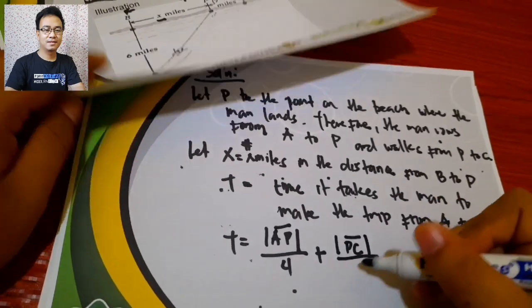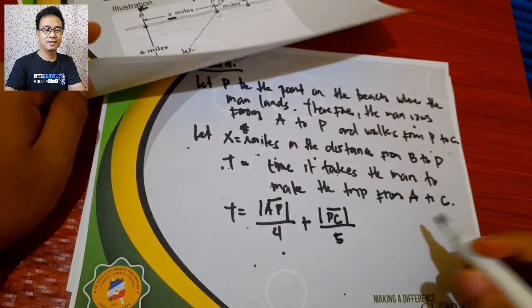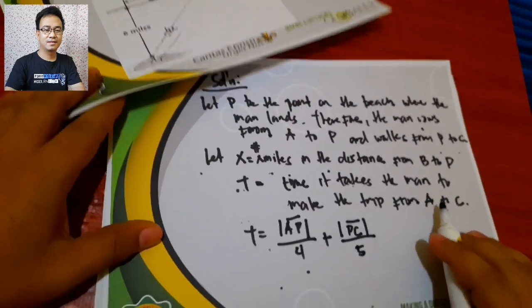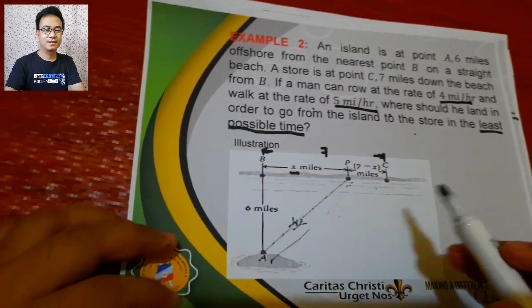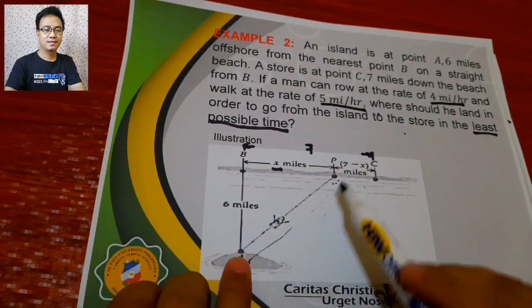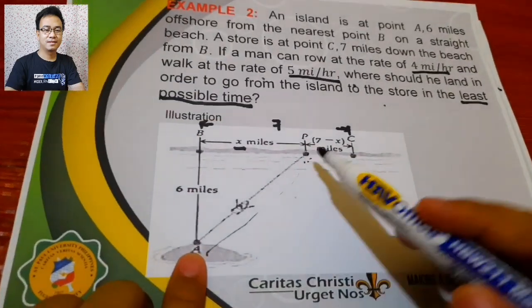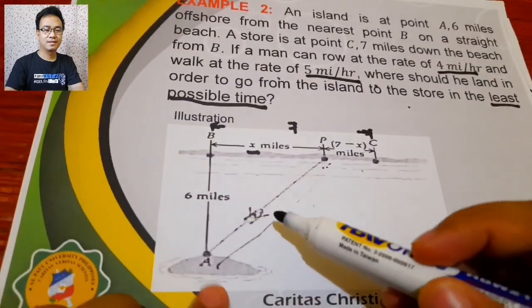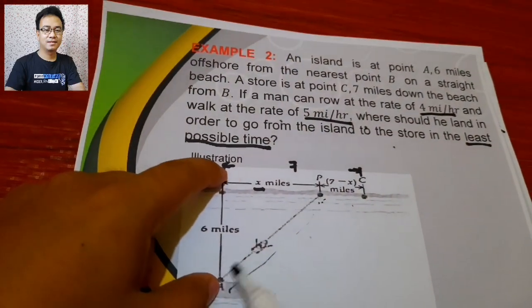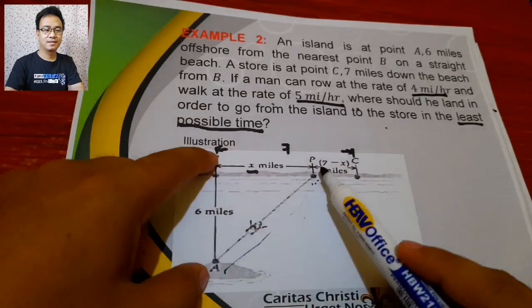Divide by its rate, which is 5 miles per hour. Now, from our illustration, we see that A to P is actually the length of the hypotenuse of the triangle ABP. AP is the hypotenuse of this triangle ABP.